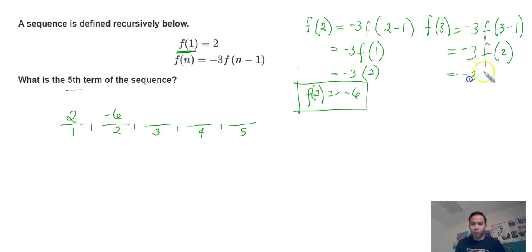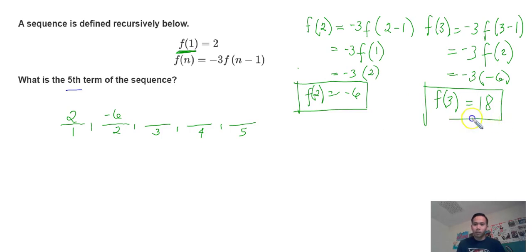So you have -3 times f2, not -3 times 2, but the value of f2, which is -6. I am reiterating that because that is the common mistake students make. So -3 times f2 is the previous term before f3. Therefore, your f3 is positive 18.